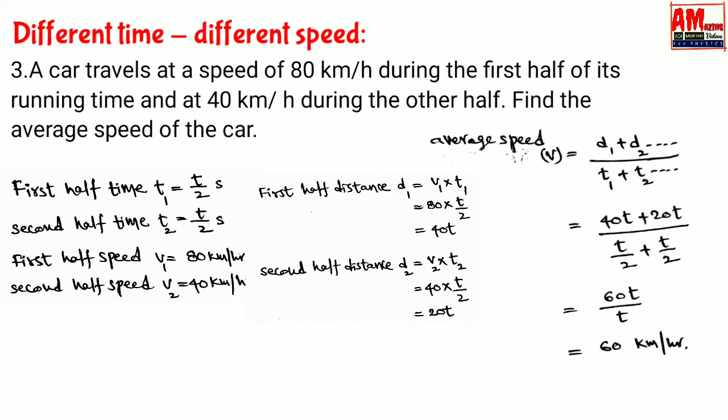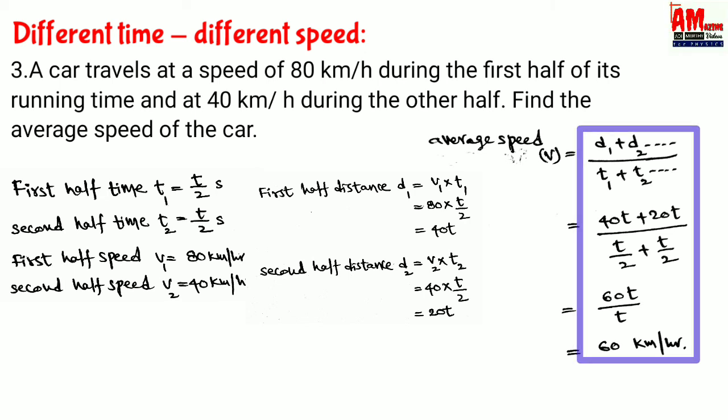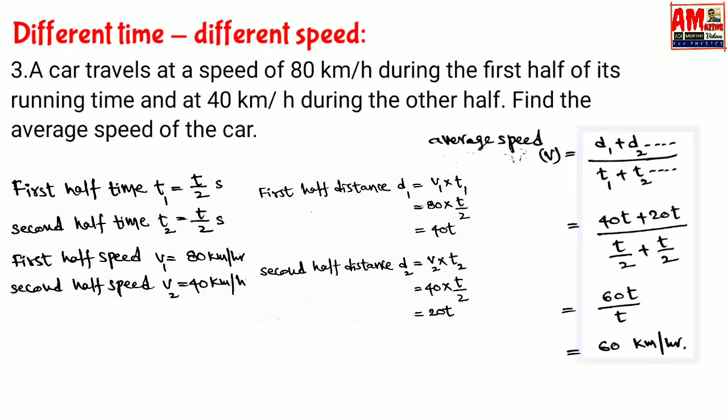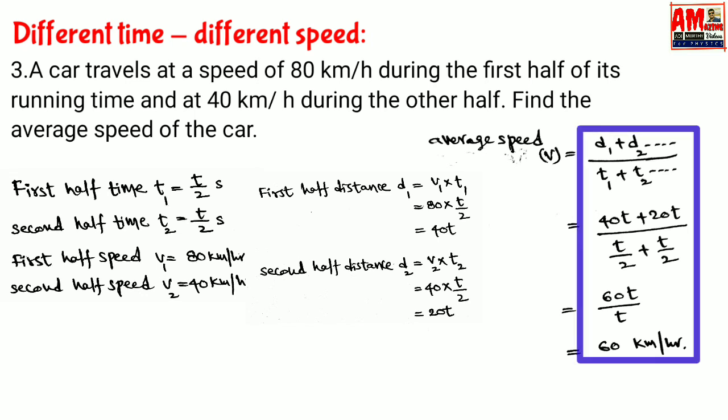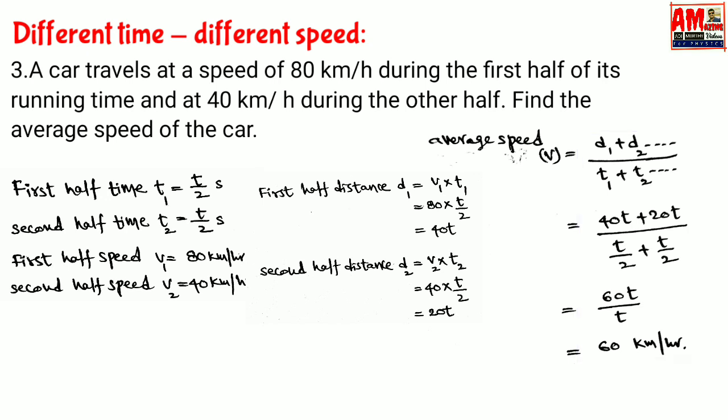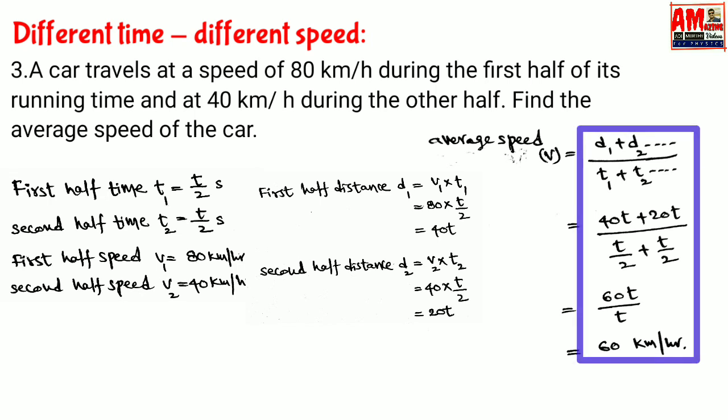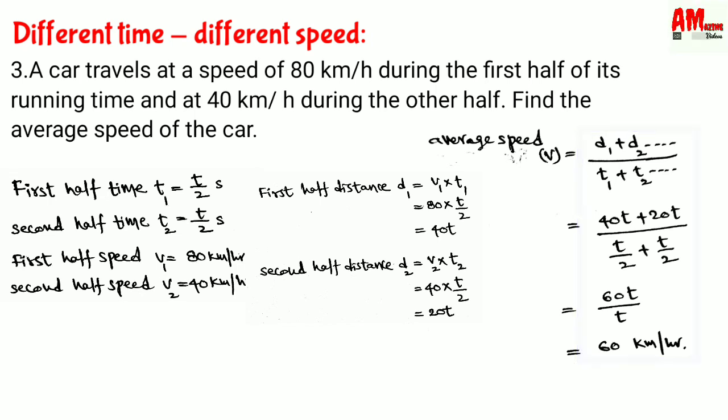Then average speed v is equal to d1 plus d2 by t1 plus t2. Substitute the values in the above formula. It is equal to 40t plus 20t by t by 2 plus t by 2, that is equal to 60t by t. If we cancel t and t, we get 60 km per hour. The average speed of the car is equal to 60 km per hour.